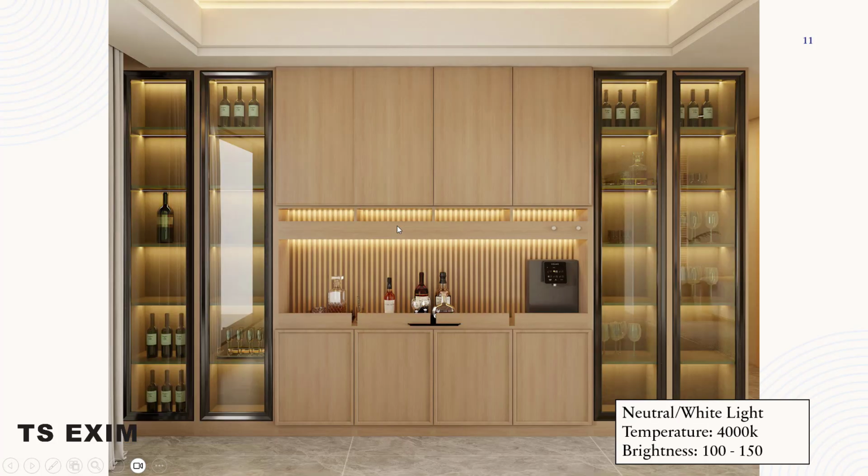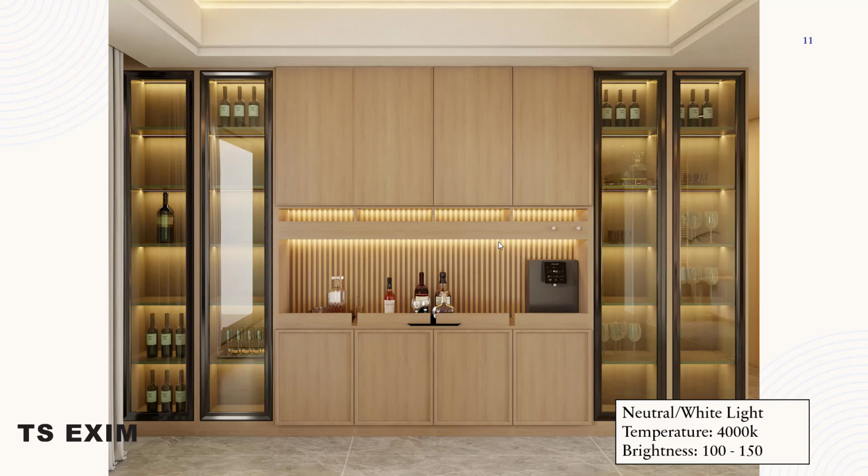Next we use a neutral or white light, and the temperature I use is 4000K. You can see the effect. It's in the middle between yellow and white light. It's a neutral lighting. Same thing with the brightness: the inside carcass I use 150, and the open carcass here I use 100.